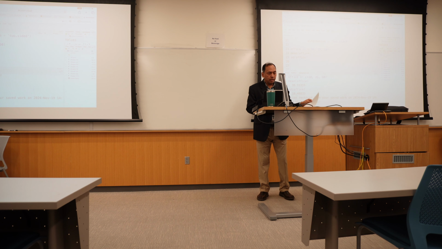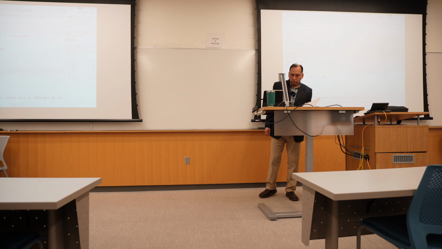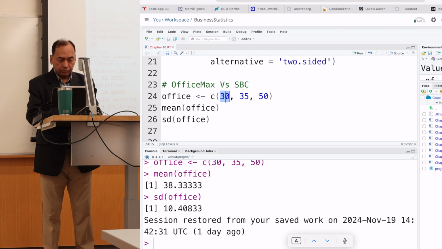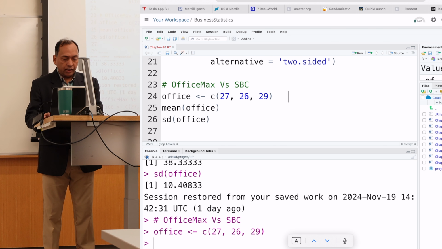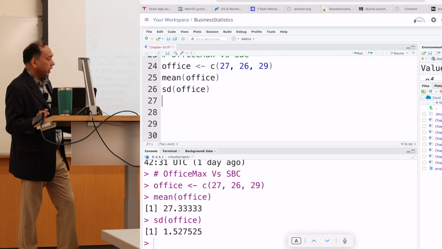So in the last class, you did a team activity with the paper clip. We compared Office Max and SBC paper clips. This was the data from one of the teams: 27, 26, 29. With that, we can get the mean and standard deviation using mean and SD.